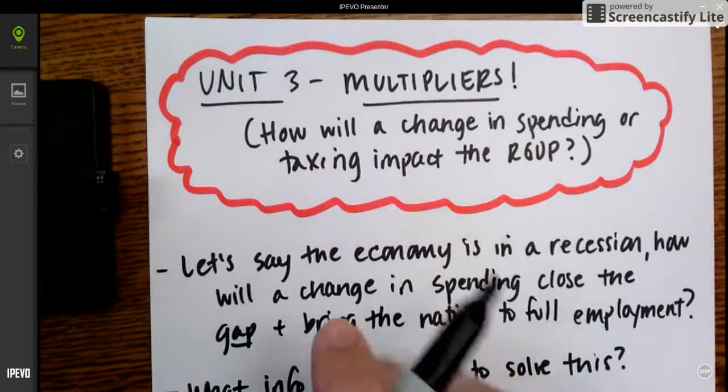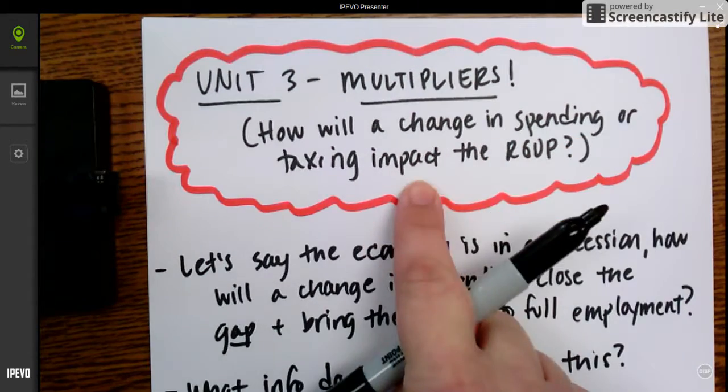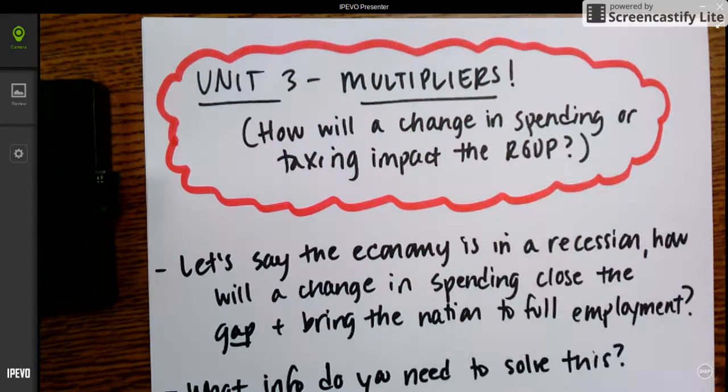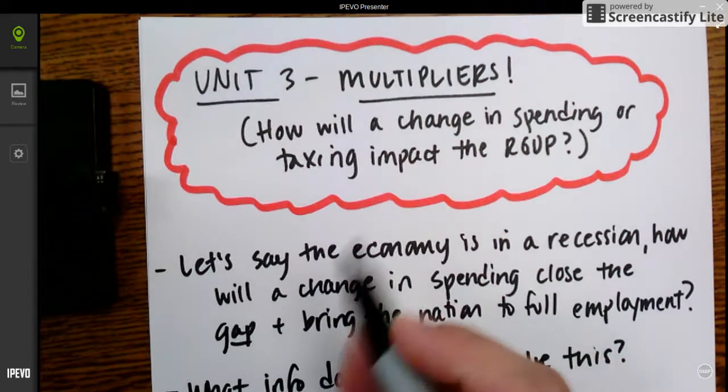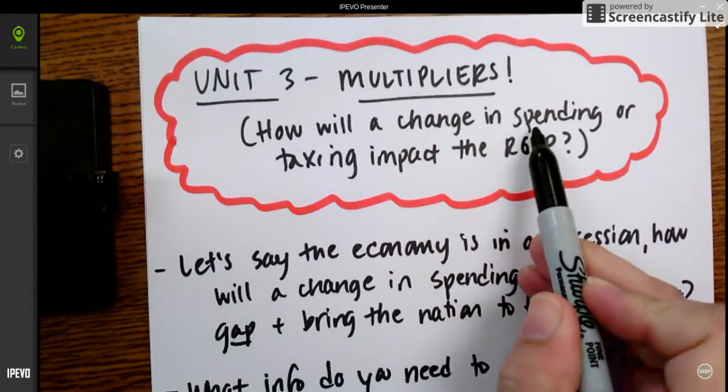Ultimately, the goal here is how will a change in spending or taxing impact the real GDP of a country? So we're going to do more with this in the course, but taxing and spending are both what we call fiscal policies. This is how the Congress and the president, by the powers of the Constitution, have the power to tax and to spend.